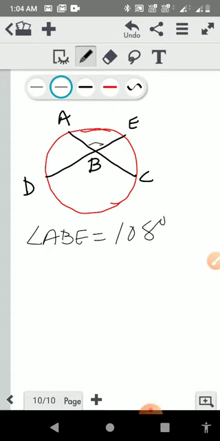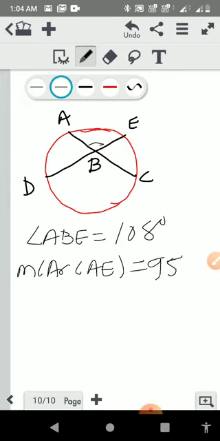So this angle is given, and the measurement of arc AE is also given as 95 degrees. Means this arc is 95 degrees, and we have to find this arc, the measurement of arc DC.